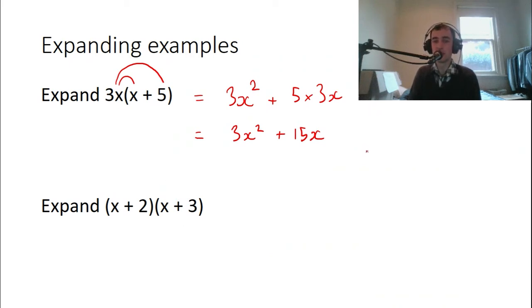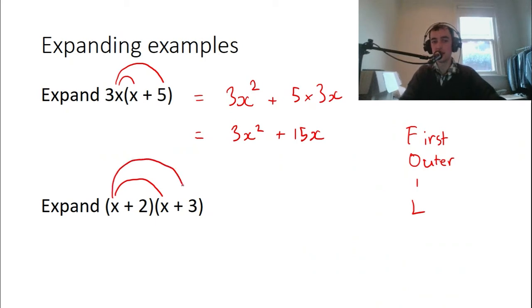You can sometimes remember what I'm doing here by the acronym FOIL. FOIL, which is first, so the first two terms. And the outer, two terms outside. And then the inner, that's these two terms.